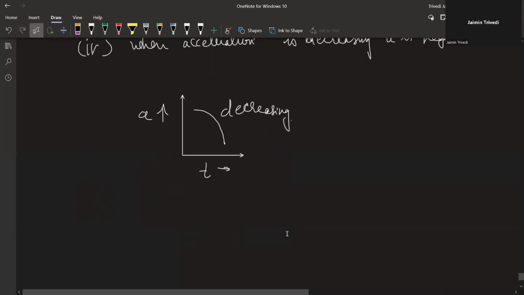Now, if I want to show non-uniform motion, but initially 0, so I want to start from 0.